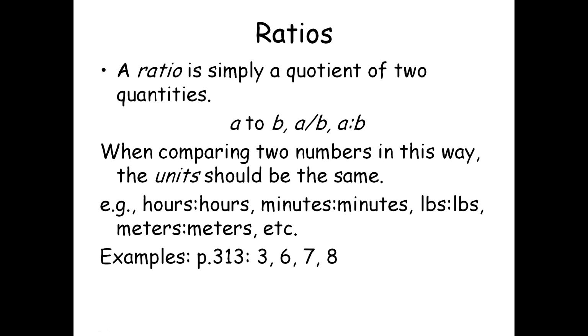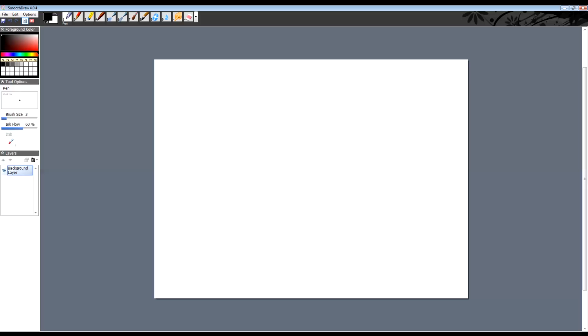So if you turn to page 313, let's look at some examples about this. If you look at number 3, for instance, determining the ratio and writing it in the lowest terms. They say $17 to $68.